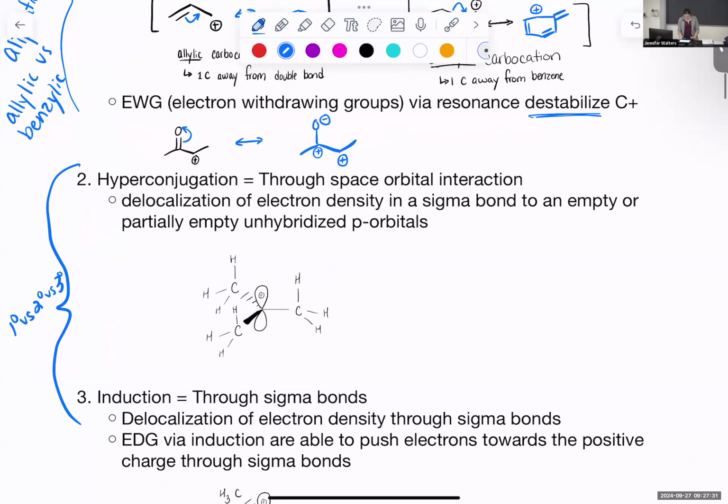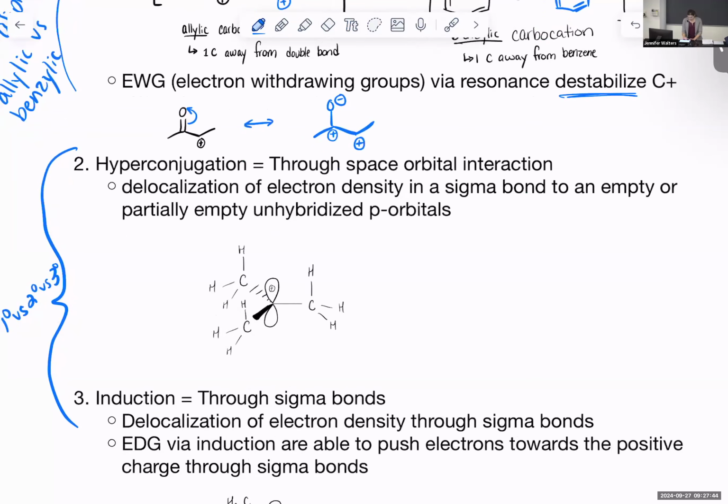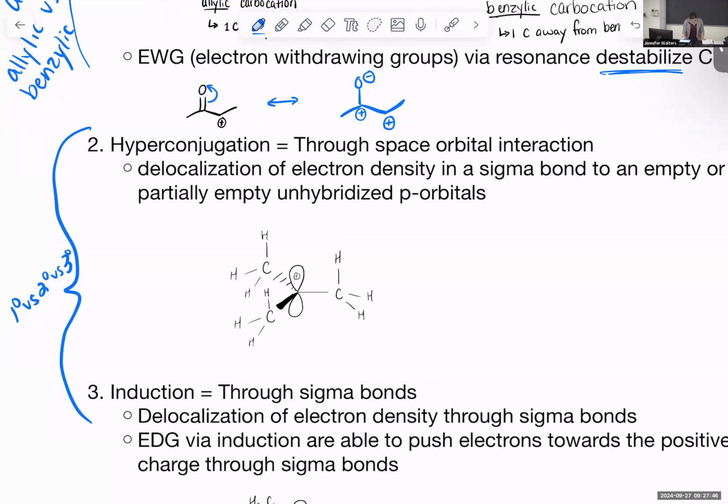Hyperconjugation is that delocalization of electron density through space. It is going to be from a sigma bond to an empty or partially empty, unhybridized p orbital. It's where we get these parallel bonds.